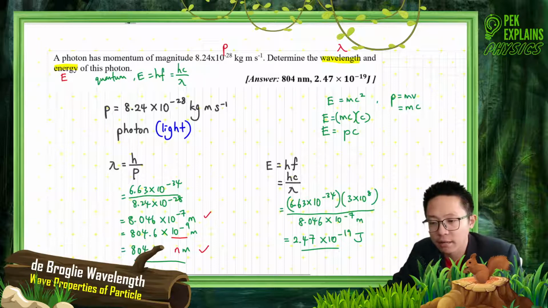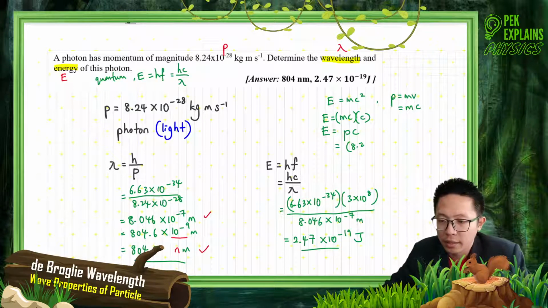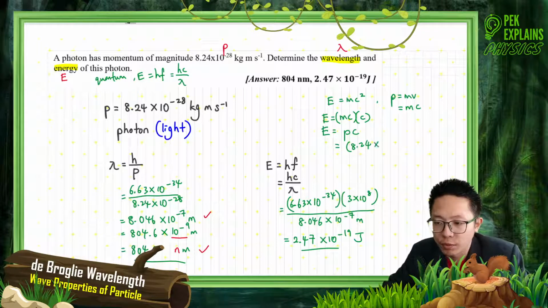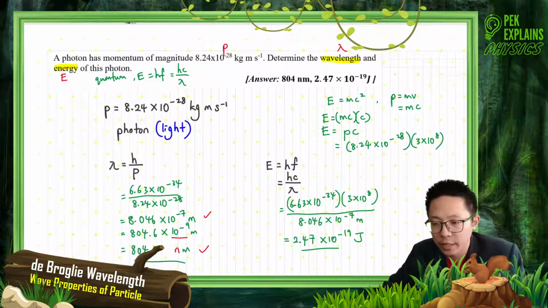Let's try and calculate and see, do we get the same answer? The momentum given is 8.24 × 10^-28, and the speed of light is 3 × 10^8.